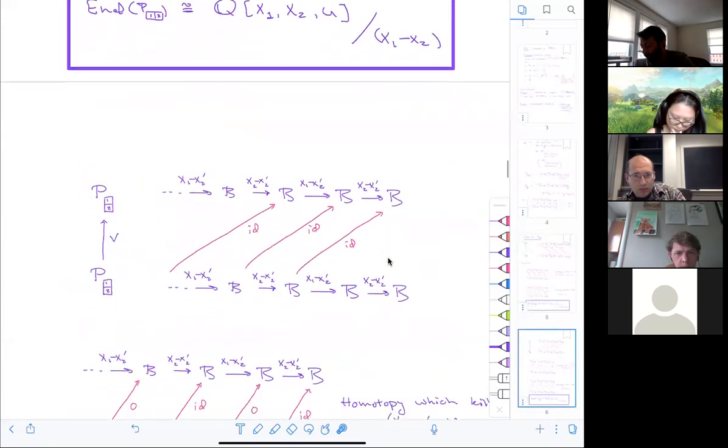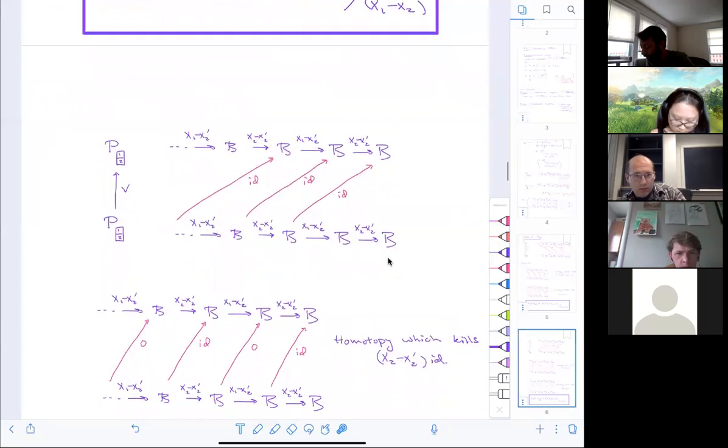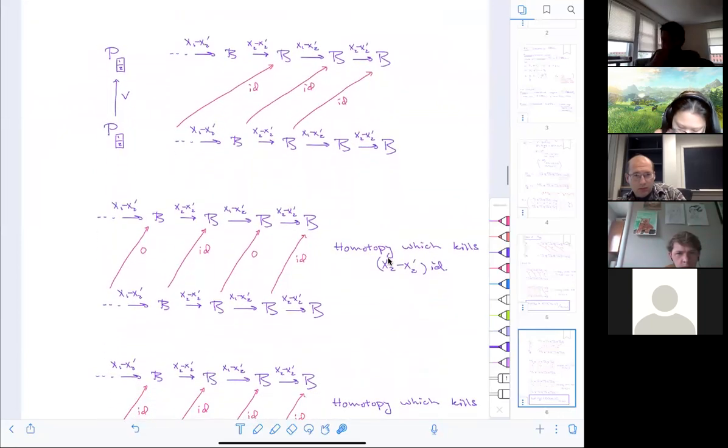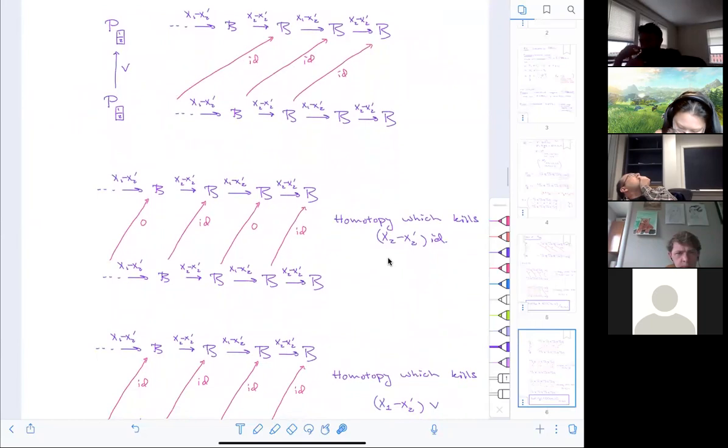Just for completeness, let me tell you the other projector and how to compute its endomorphism ring. Whereas the other complex has a periodicity map of negative cohomological degree, this one will have a periodicity map of positive cohomological degree, given by this diagram. And once again, we have essentially the same relations as before. X2 minus X2 prime is homotopic to 0.